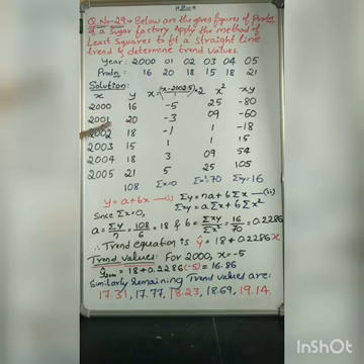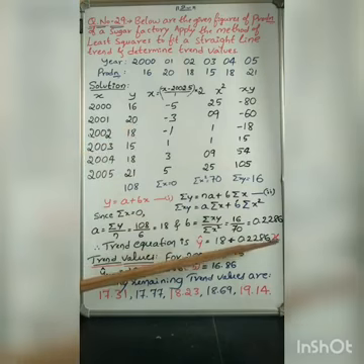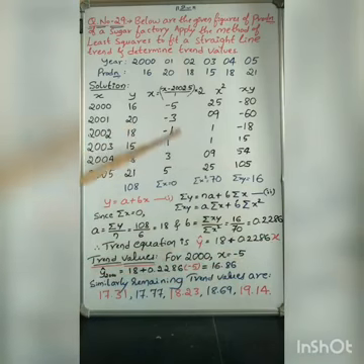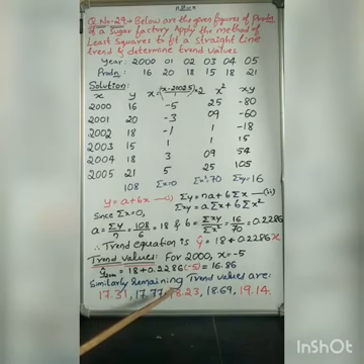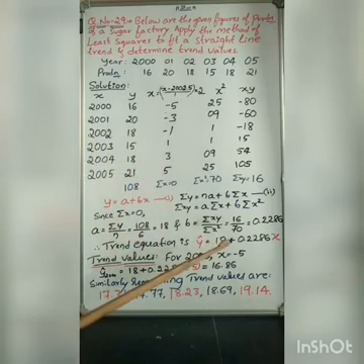Then 2001, how to calculate? Here for x to be substituted -3. So similarly, first y cap at 2000th year we have calculated and shown 16.86. Similarly, we can calculate all the remaining trend values by substituting -3, -1, 1, 3, 5 as x values in this particular trend equation.